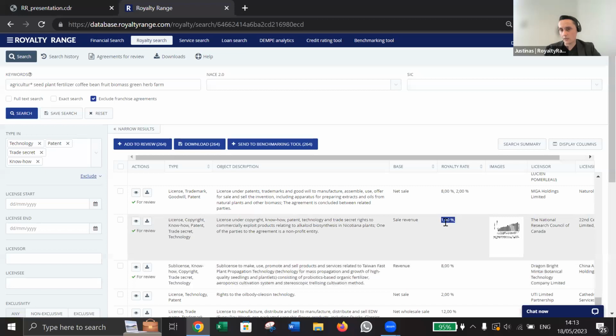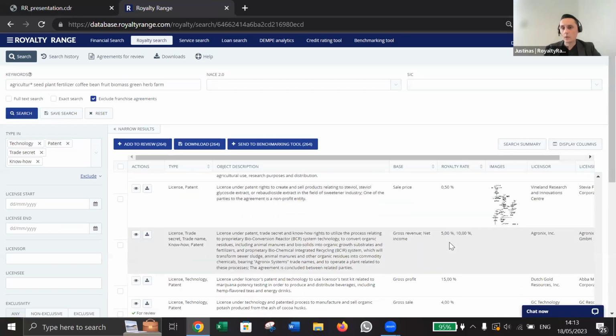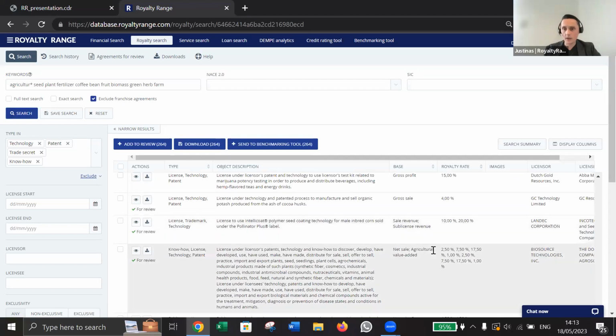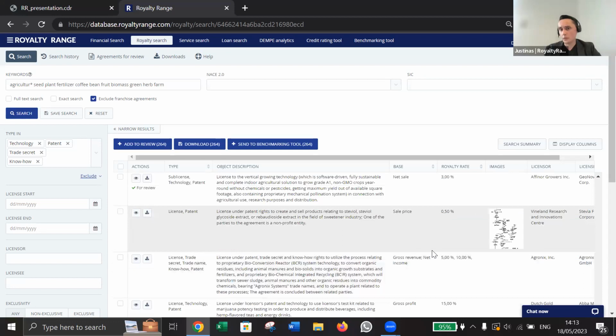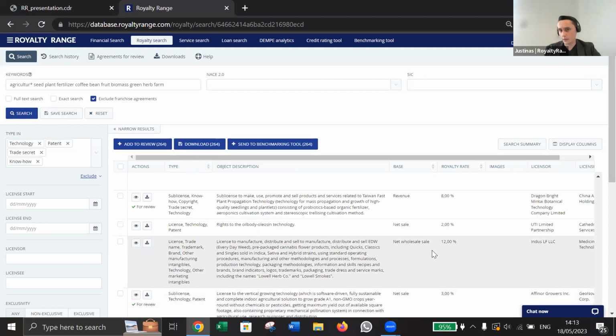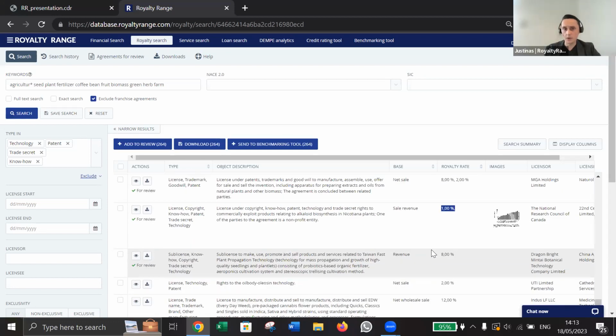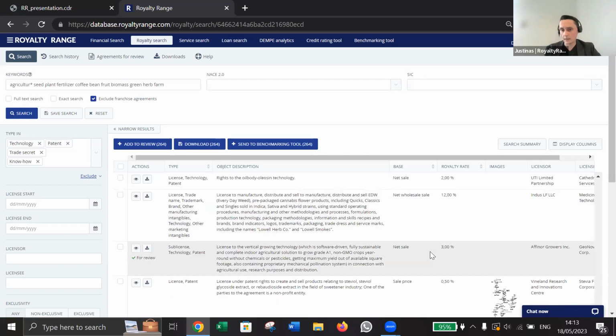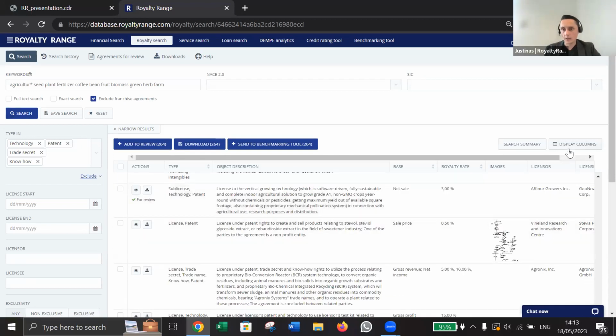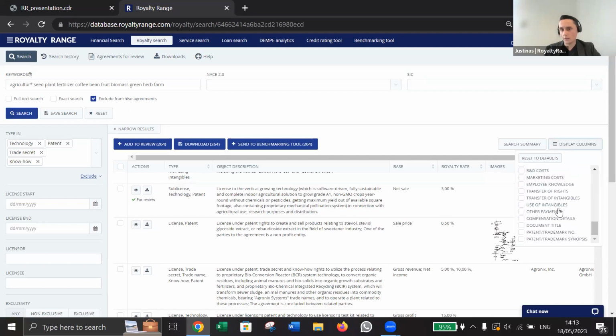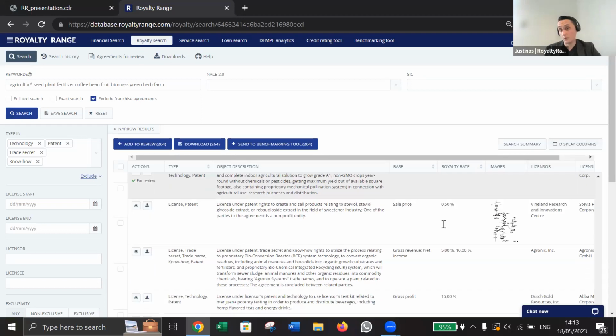So these percentages, like 1% as an example. And also in our database, you could find up to 50 comparability factors, including DEMPE functional, risk, cost, and asset analysis. I can actually even demonstrate that so you can see how many different comparability factors you can display.